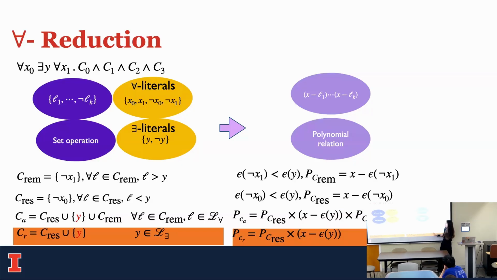Okay. If I talk about this a little bit quickly, just think about all these constraints using the language of sets, and then you can always encode the membership or subset relation using polynomials, if we use the polynomial's roots as the encoding of the literals.